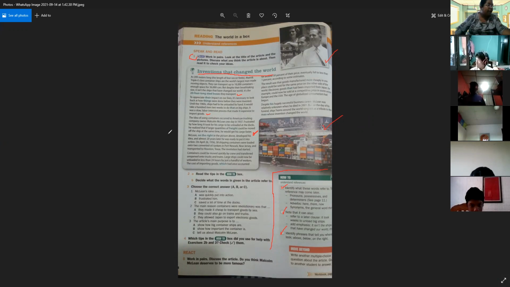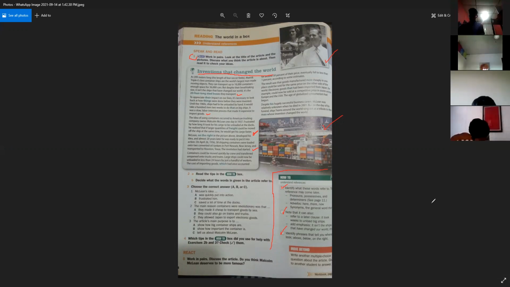Daniel, can you read the next paragraph until saying the revolution had started? Containers could be moved quickly between.